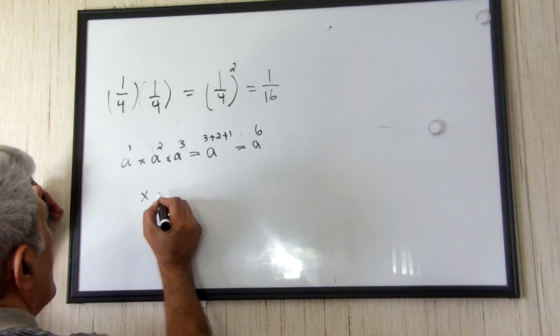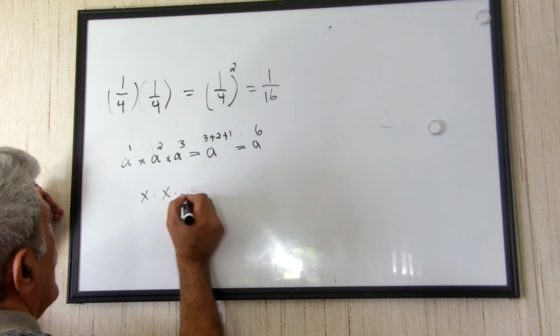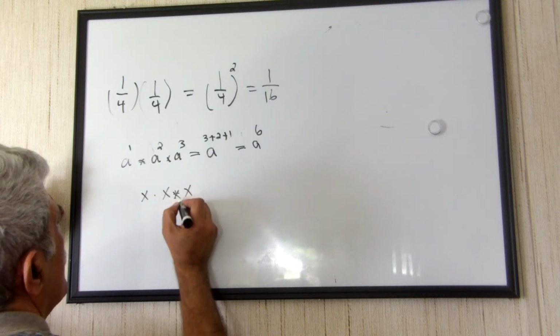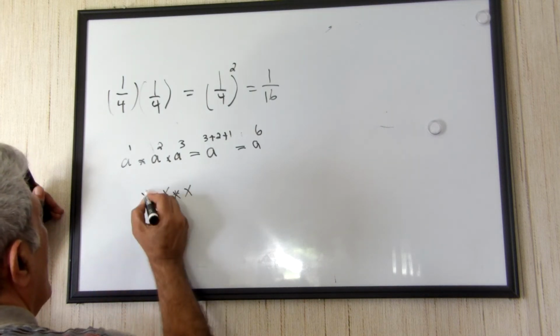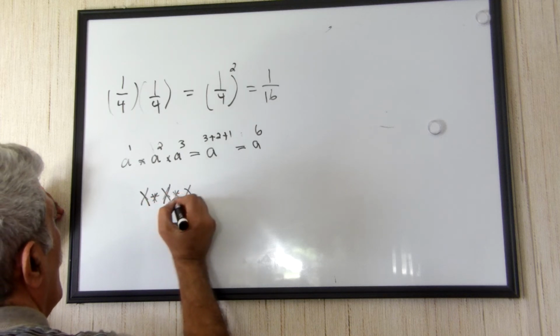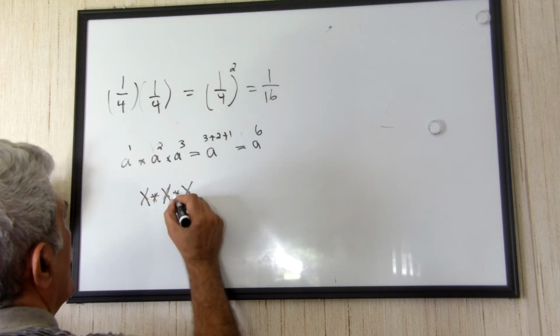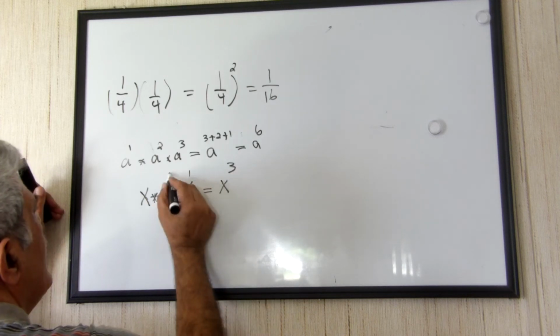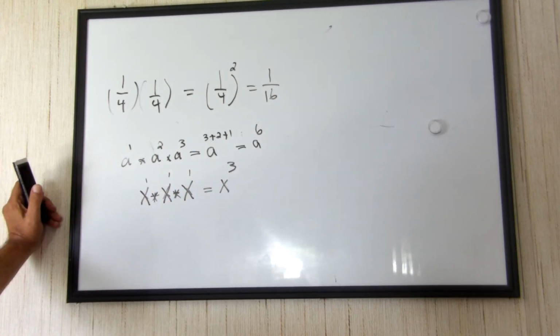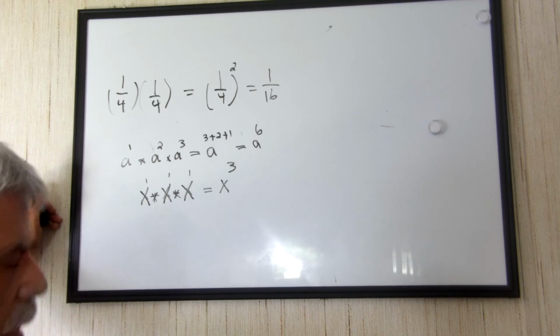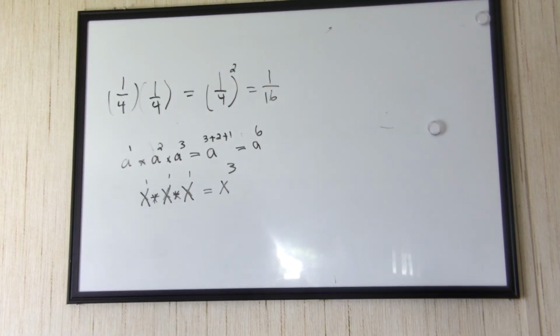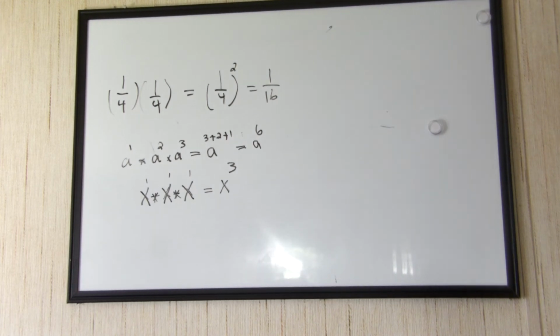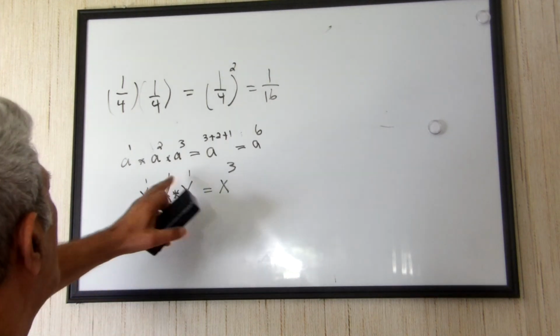See, if you are talking about x times x, this is multiplication. It's going to be x to the power of 3. You add these together. So always, if you have the same base, you add the exponents together.